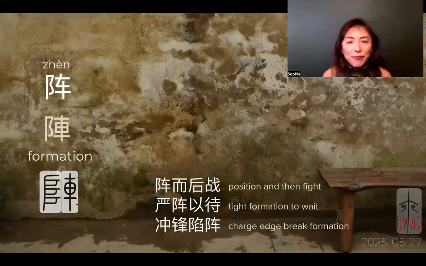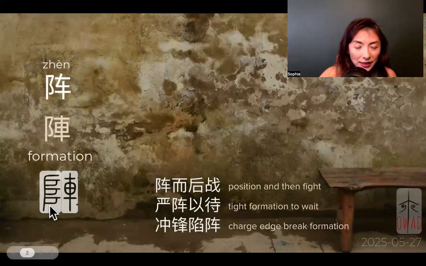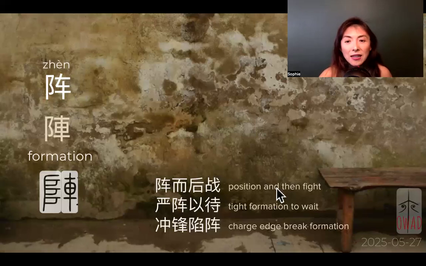阵而后战 means you have to position yourself, the resources on the ground, and then get ready to fight. Before even engaging in a fight, you position your resources so that you have the best positioning. It's a pre-positioning to fight. 严阵以待.